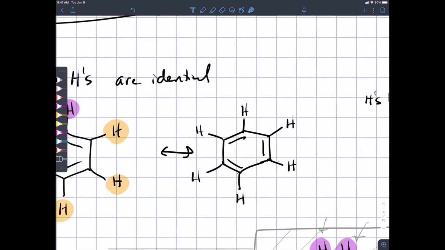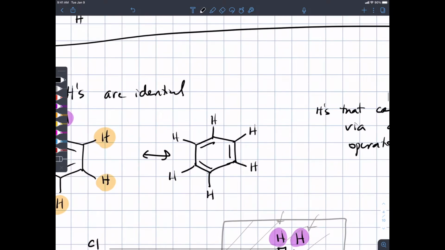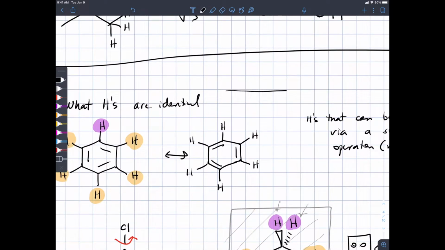So if you took an NMR spectrum of benzene, this axis would be intensity, and this axis would be chemical shift. Around 7 ppm, we would see a single peak. There would be just one NMR signal for that molecule because there's only one kind of proton in that molecule.